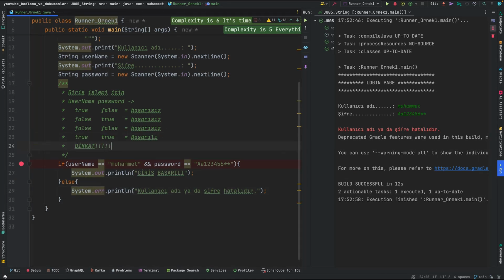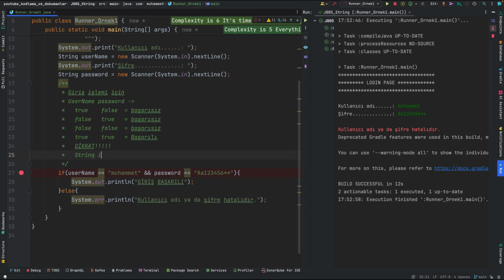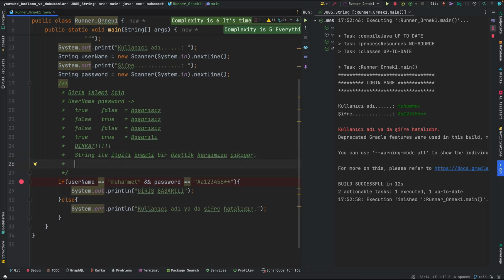Here's where you need to pay attention. Here, an important feature about strings comes up. When you create a string variable, for example, when you define a string variable like Muhammad, what does it do, guys?